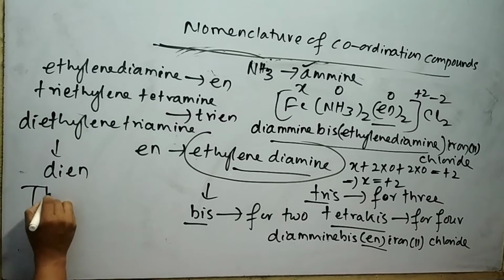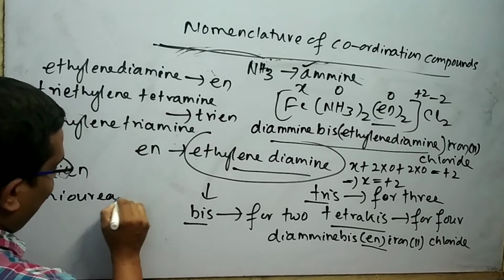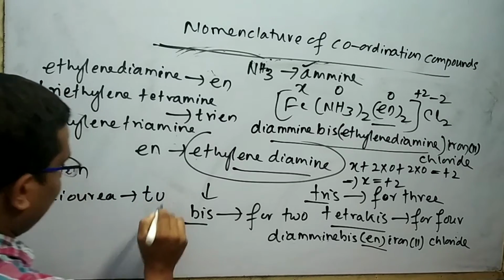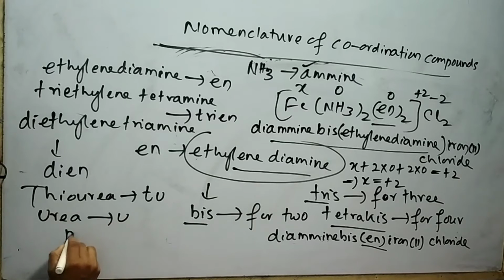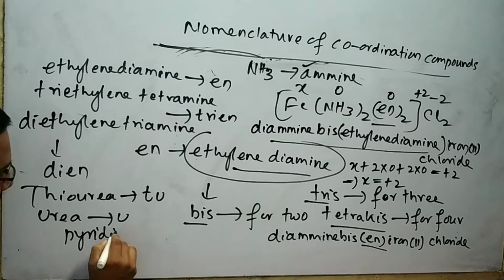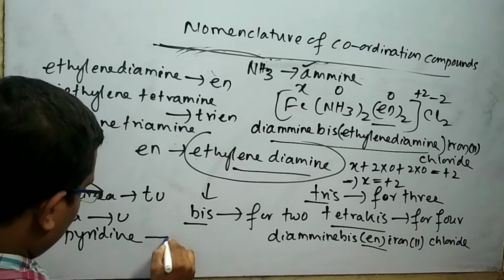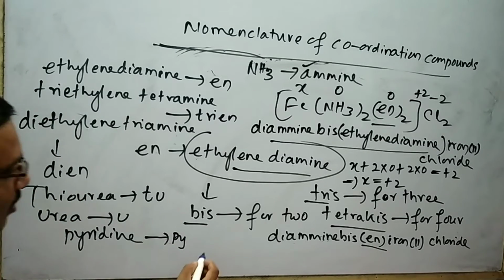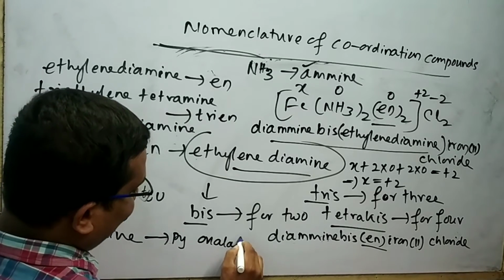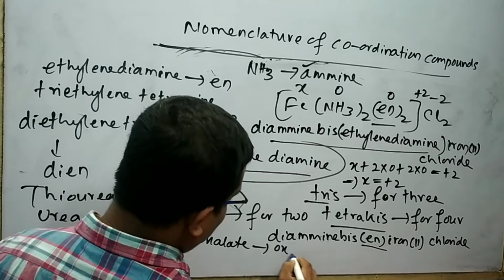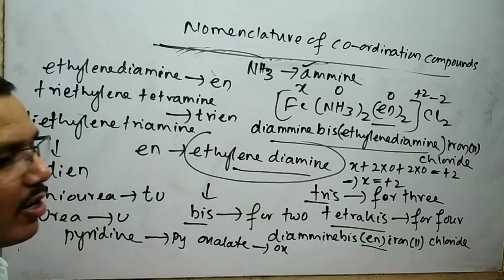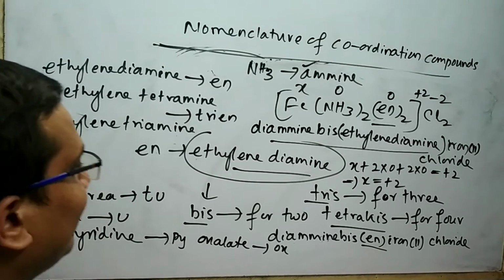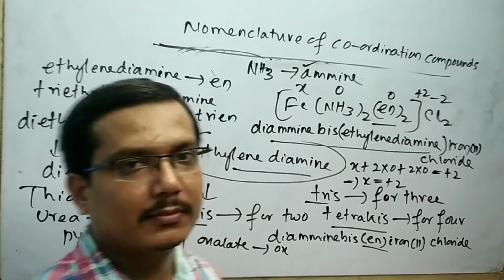For thiourea, I can write tu. For urea I can write eu. For pyridine I can write py. For oxalate I can write ox. There are a large number of complicated organic compounds which are written in their symbol form.